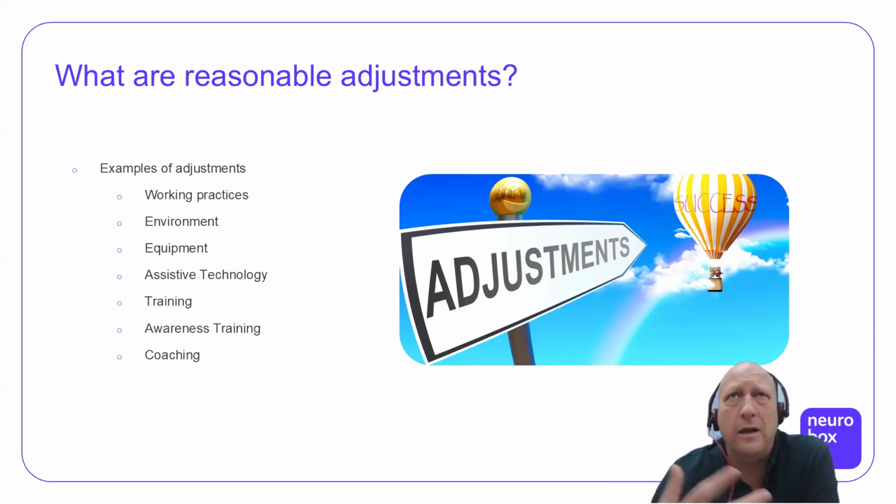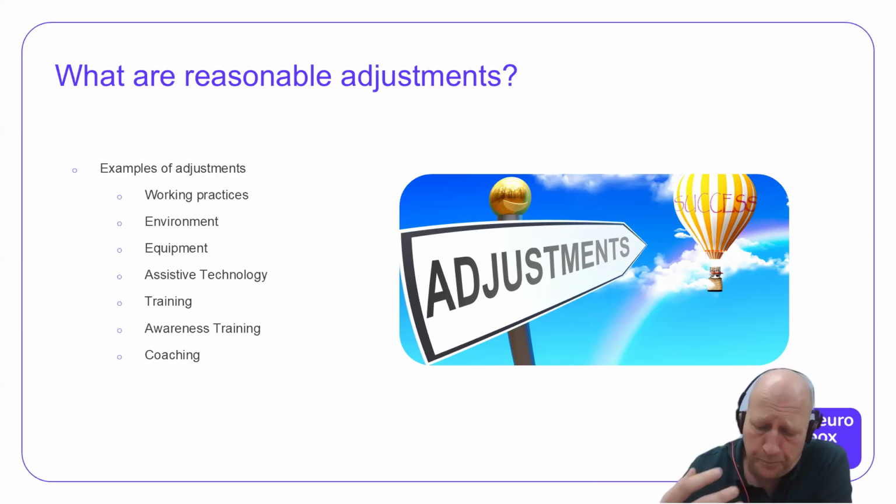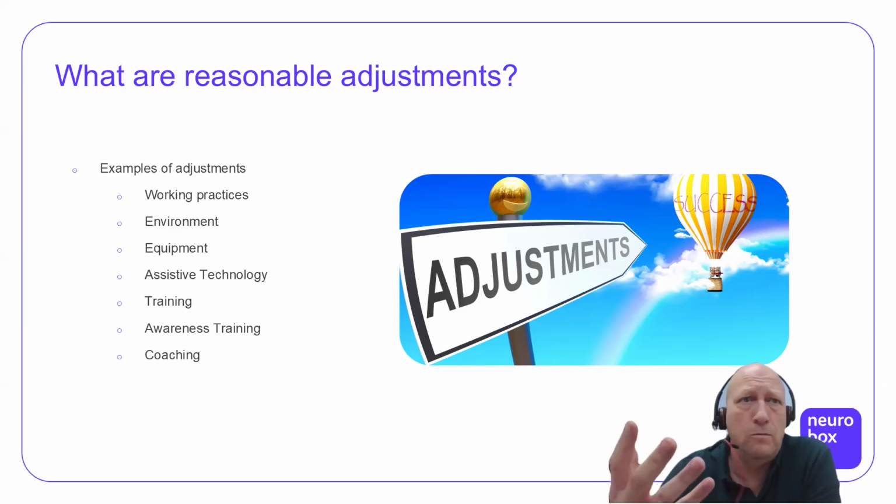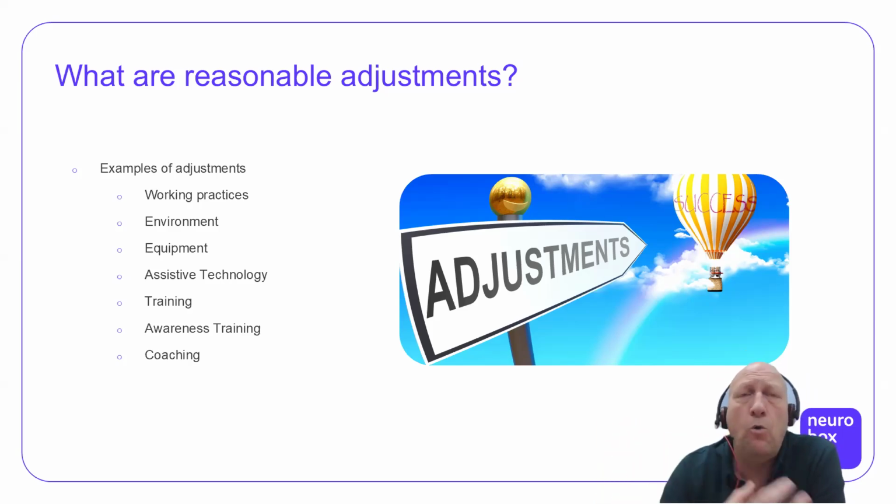And awareness training can cover all sorts of things, from straightforward training about a very specific neurodifference, for example, ADHD, or it can be more general awareness training, or it can be awareness training that's specifically designed for certain people, for example, managers, people leaders, that type of thing. So awareness training is a really key element of this.